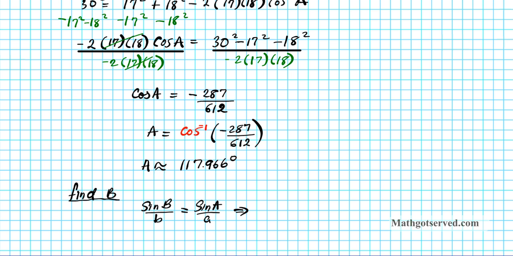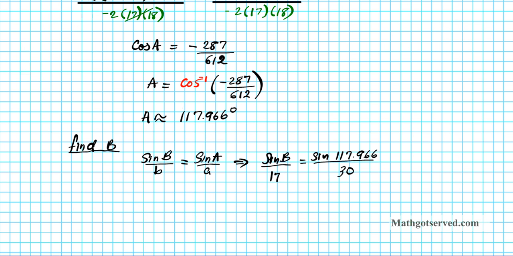So to find B, the formula we're going to use is sine B over little b, the incomplete pair, equals the complete pair, sine A over little a. If we apply this formula to our scenario, we'll have sine B that we're looking for over little b, which has a measure of 17, equals sine of A, 117.966, over little a, which is 30. To get sine B by itself, we'll multiply both sides by 17.